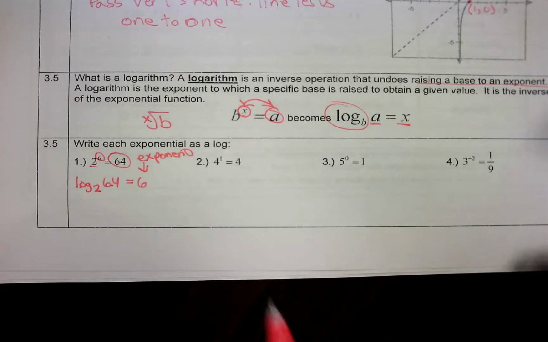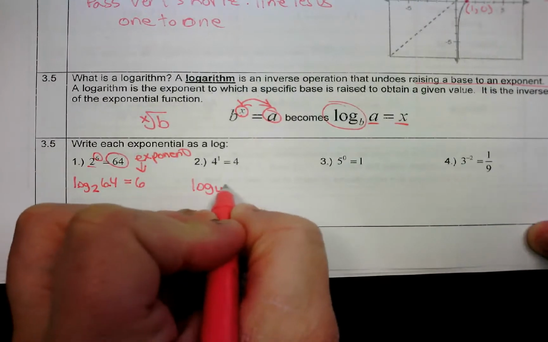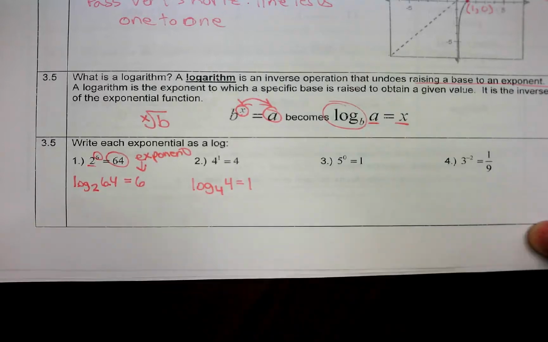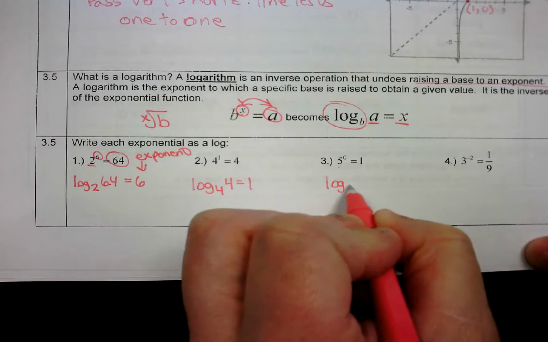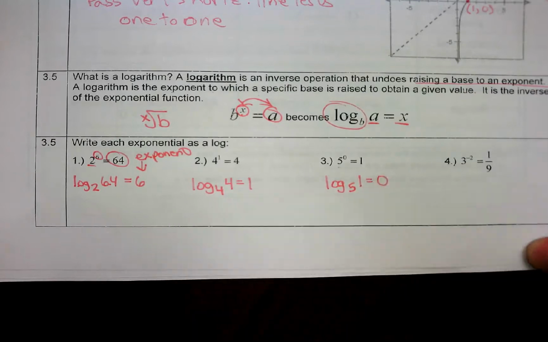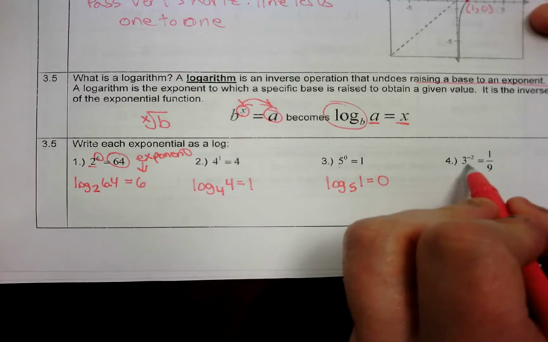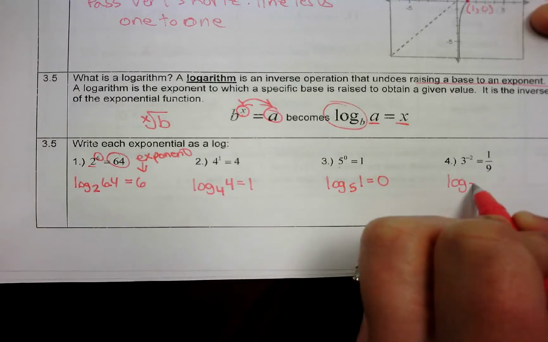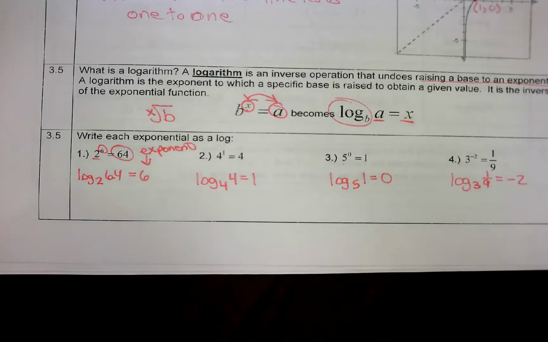Okay, so let's rewrite this one. Log base 4 equals 1. Log base 5 of 1 equals 0. Log base 3 of 1 over 9 equals negative 2. That's all we're doing. We're just rewriting it.